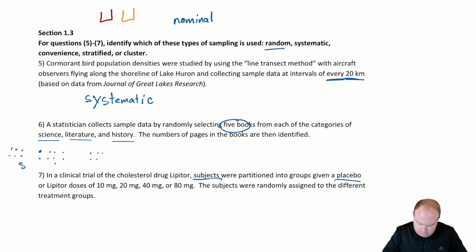What you would do is select randomly 5 from each of these. We don't have much choice in history, but that is what we're looking at in stratified. We're looking at the characteristic, and then inside each of the strata, we select the same number.